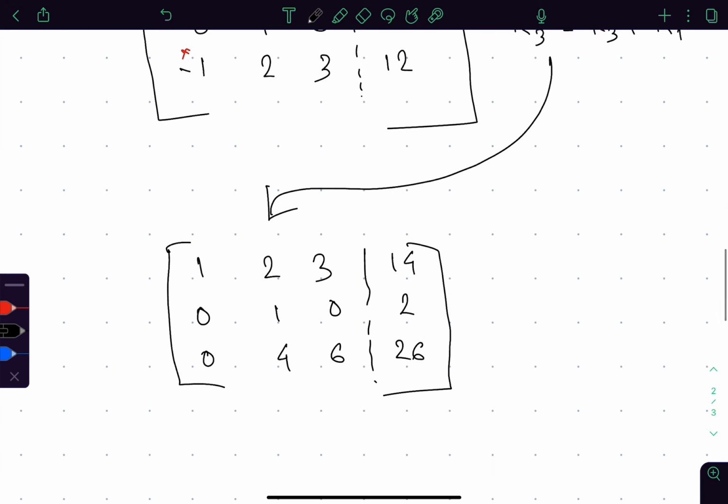Got it. Now you can see two of the rows are sorted.